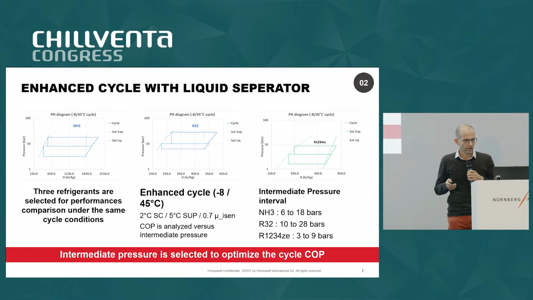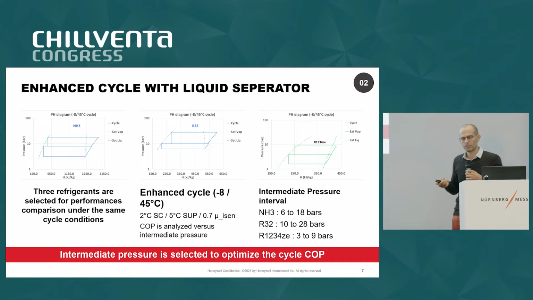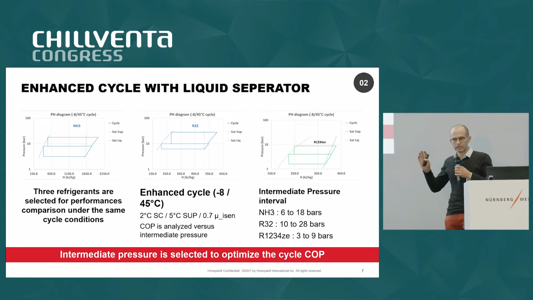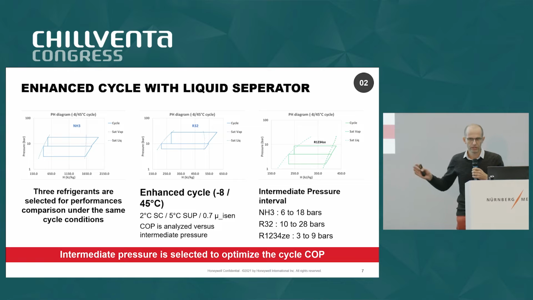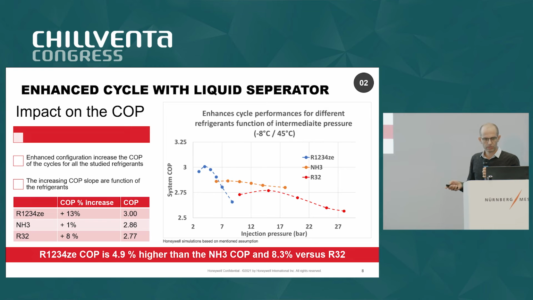And we try here to optimize the operating conditions of the system in order to get the maximum COP. All the calculations are done for the 3 refrigerants under the same conditions mentioned here in my slide. So let's go to the results, where it's interesting.